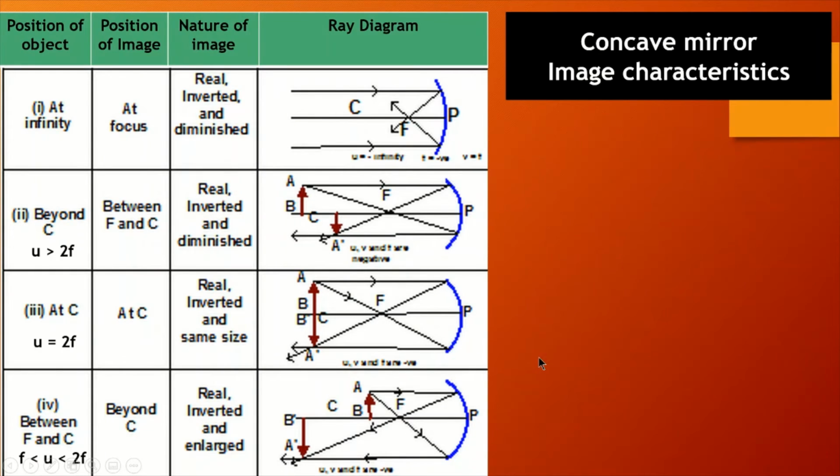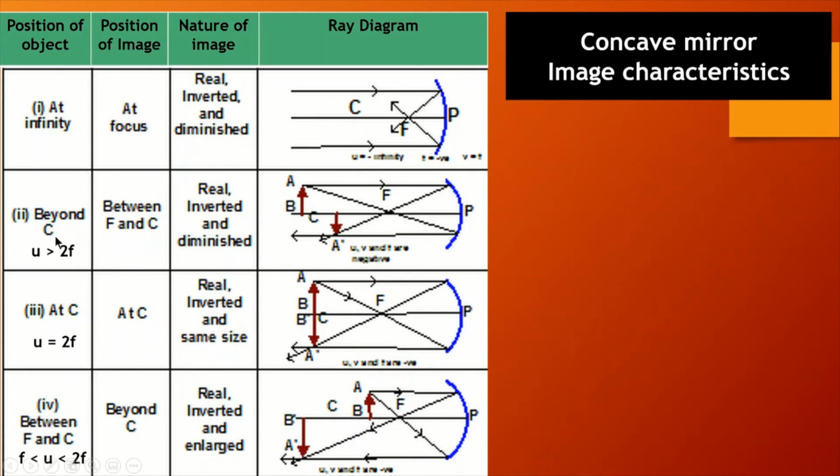Okay, let's make a summary of what we have learned so far. So we have learned that the characteristic of image of a concave mirror actually changes. It depends on where the object is. All right. So if the object is at infinity, the image that is formed is real, inverted, and diminished.